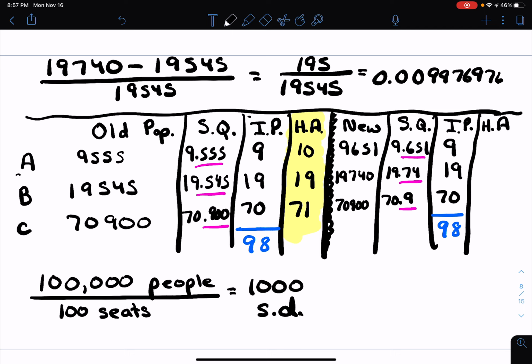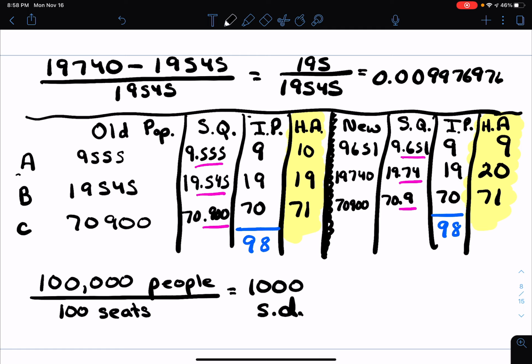We're going to hand out the extras to states B and C because 74 and 90 are bigger than 651. So states B and C will bump up 1. State A will stay the same. So the Hamilton's apportionment there is 9, 20, and 71.